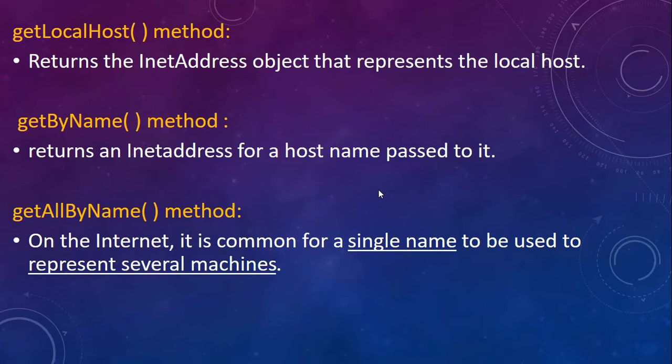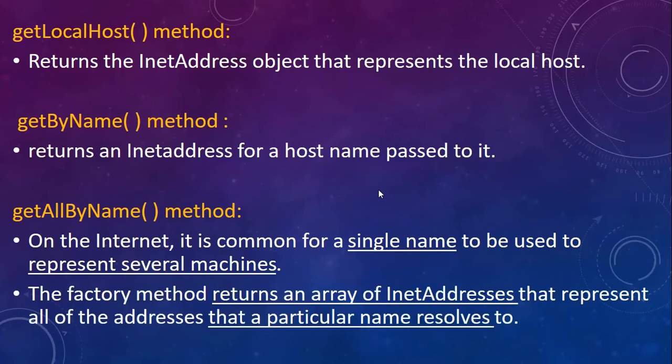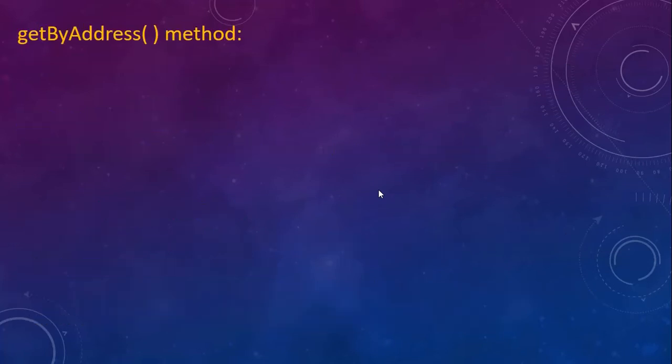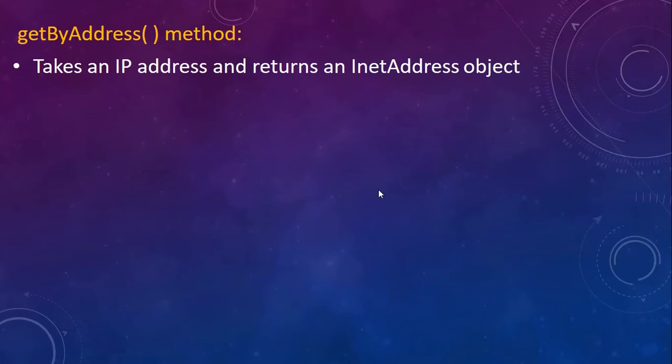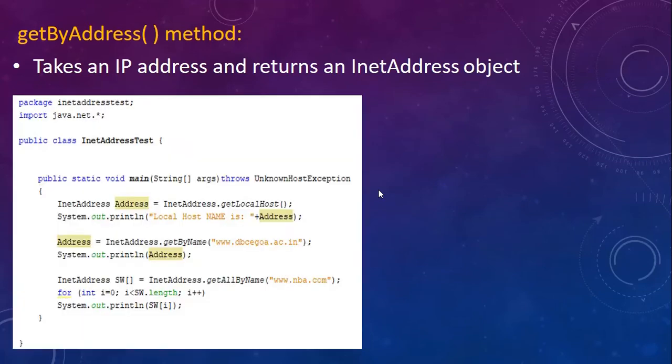So you can use one name to represent all the machines on a particular network. This concept can be used on the internet. The factory method getAllByName returns an array of InetAddresses that represent all the addresses that a particular name resolves to. And there is another method called getByAddress. It takes an IP address and returns an InetAddress object.